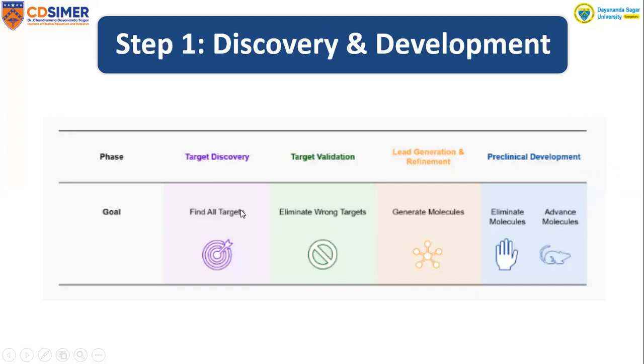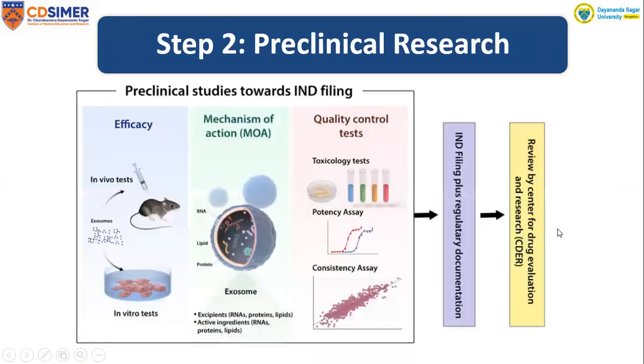They will try to identify the targets and optimize the targets, remove the drugs which are not properly meeting the targets, and then generate molecules based on these failures. They can again rework on the molecule, generate good molecules, and keep on developing, and better molecules will enter into the preclinical stage.